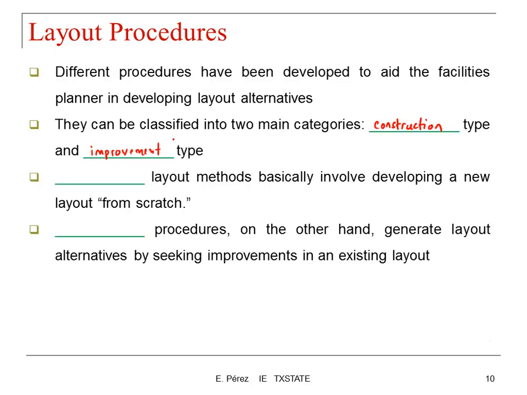And for the improvement type, you already have some departments in the facility, and you're trying to improve your design based on that. So construction layout methods basically involve developing a new facility layout from scratch, and improvement methods generate layout alternatives by seeking improvement in an existing facility.